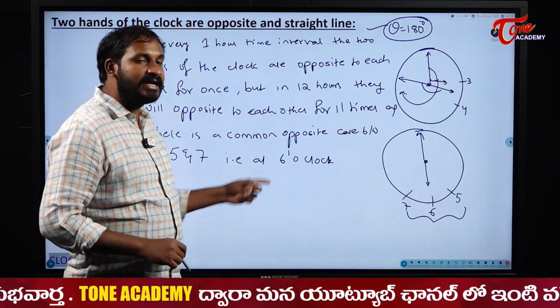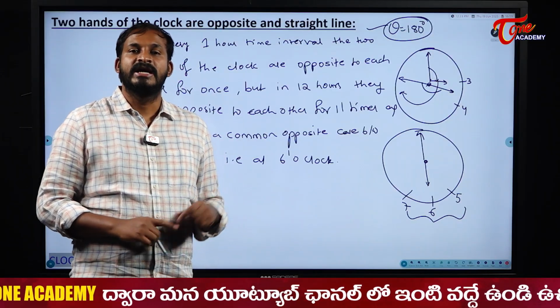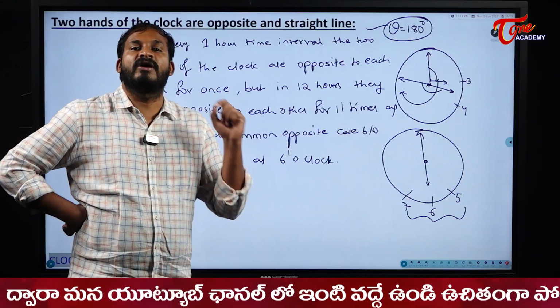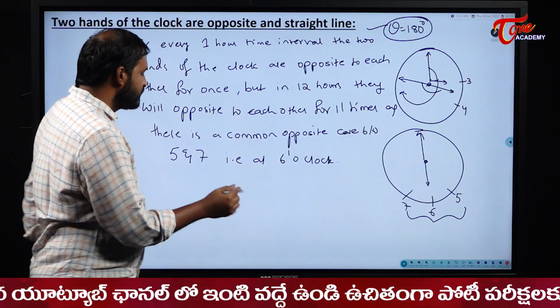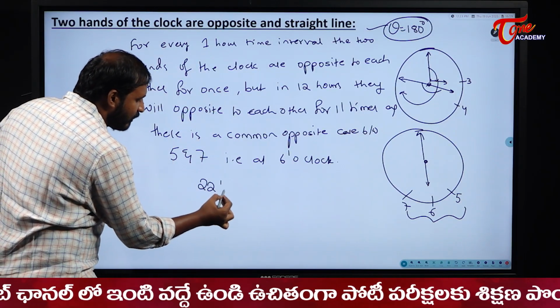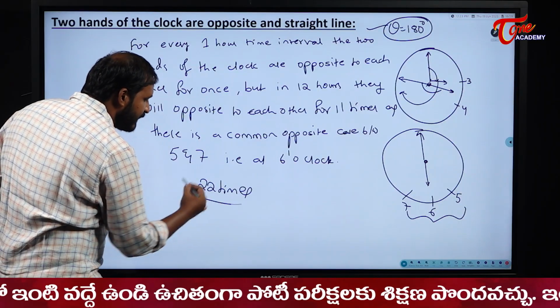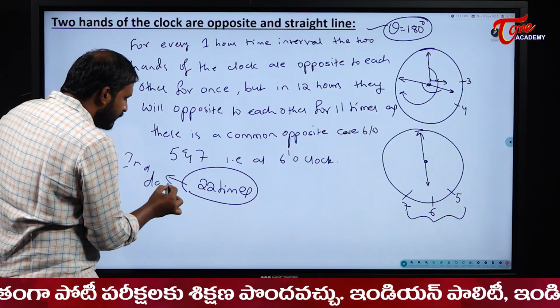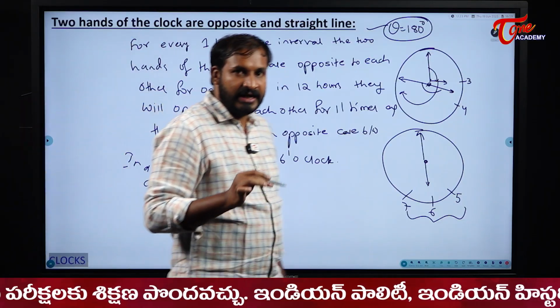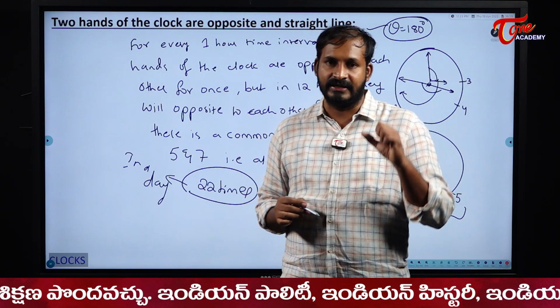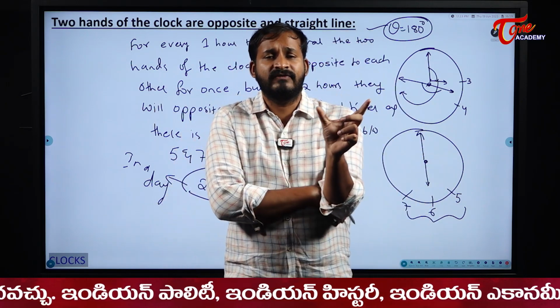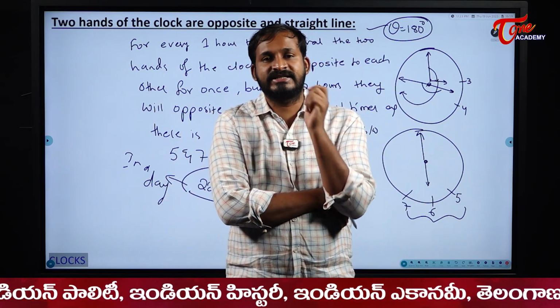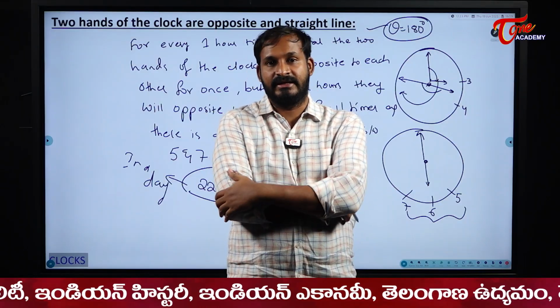So now tell me, in a day this phenomenon occurs how many times? In a day this case occurs 22 times. There is a logic here, so please be careful. Now listen to the question carefully. Generally, the two hands of the clock will be in a straight line how many times in a day?